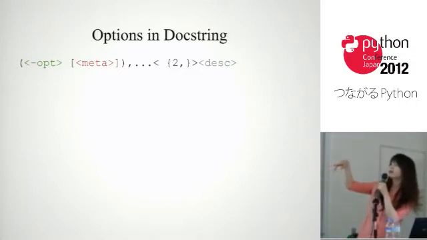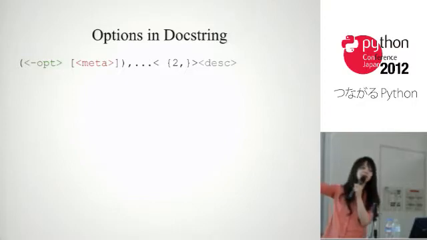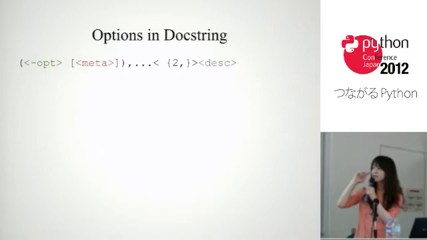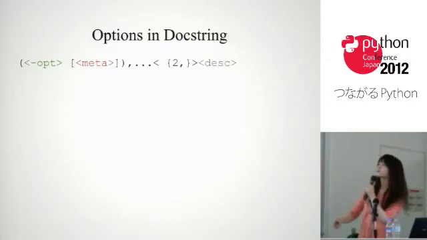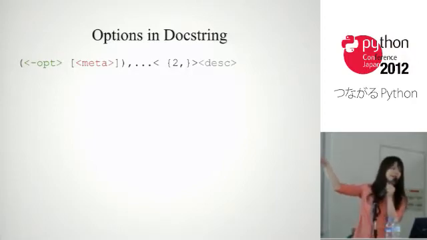Easy syntax: first, there can be options. An option must start with a dash, then the option name and the meta variable. This pair can be more than one. Then two spaces and the description of this option.